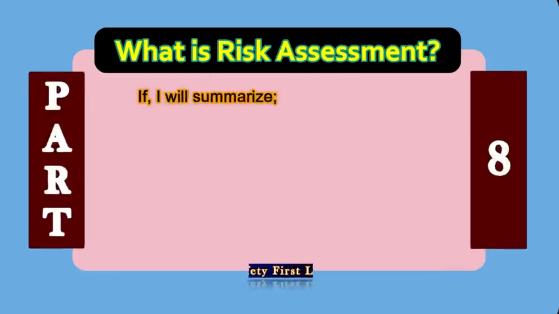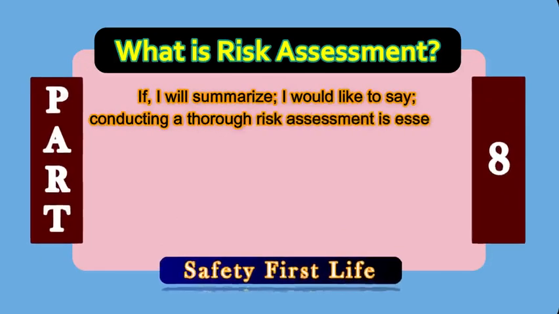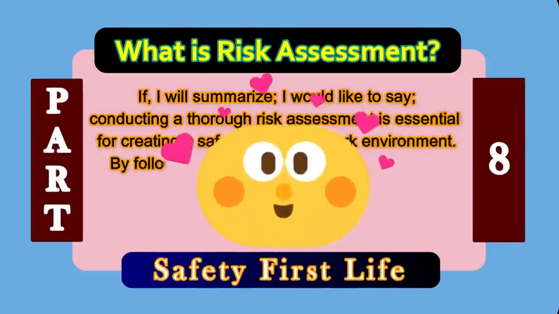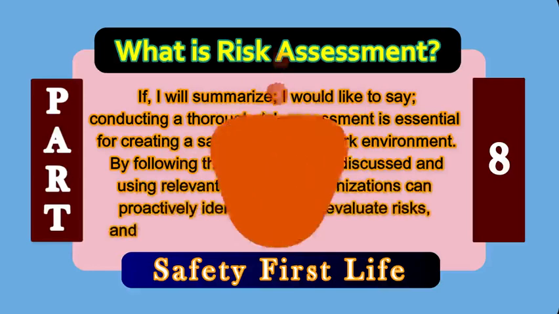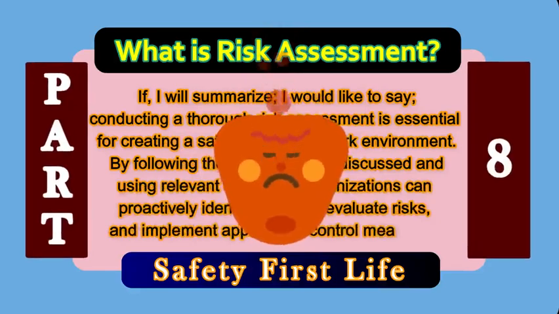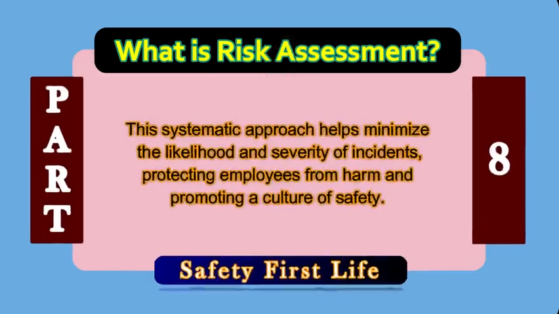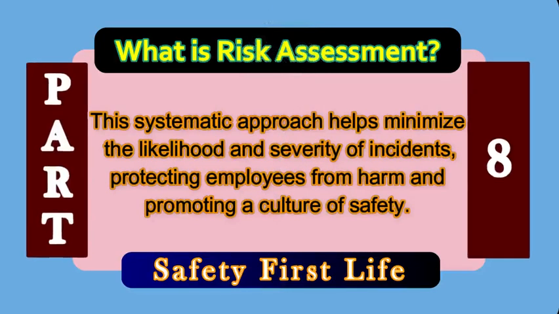If I will summarize, I would like to say conducting a thorough risk assessment is essential for creating a safe and healthy work environment. By following the steps we have discussed and using relevant examples, organizations or companies can proactively identify hazards, evaluate risks, and implement appropriate control measures. This systematic approach helps minimize the likelihood and severity of incidents, protecting employees from harm and promoting a culture of safety.